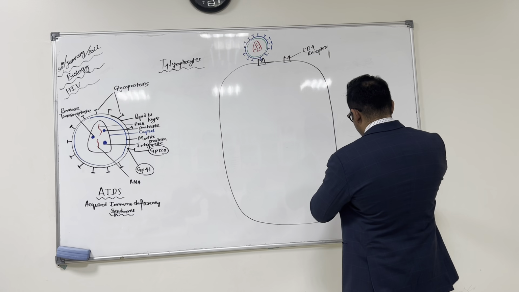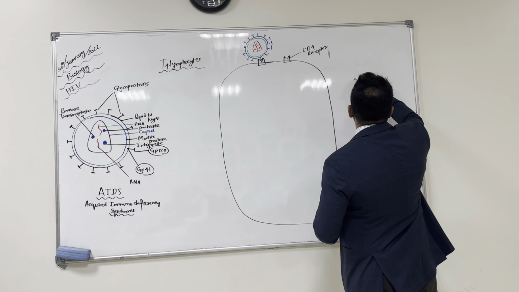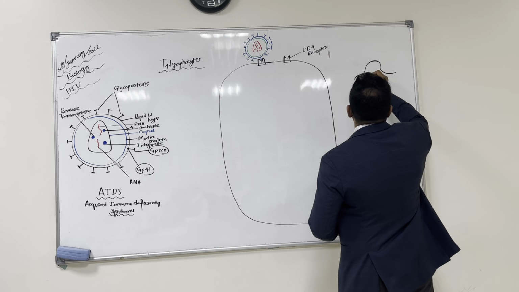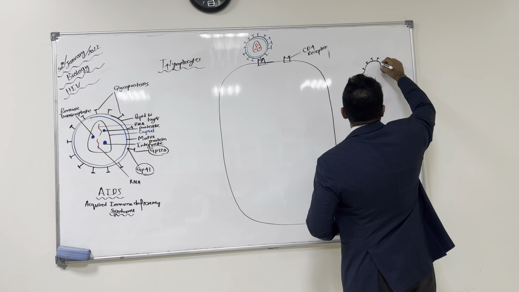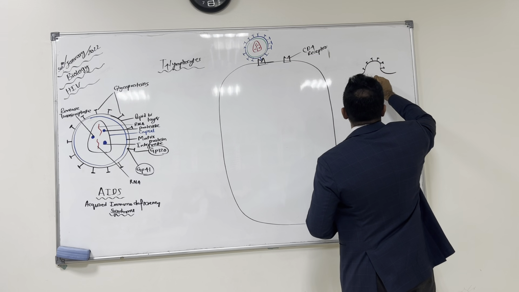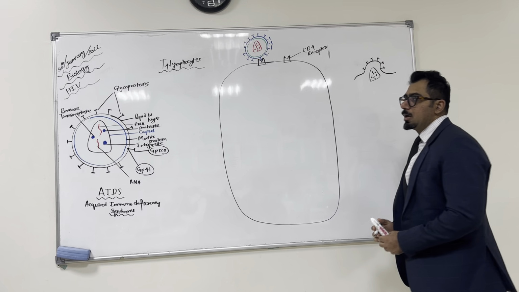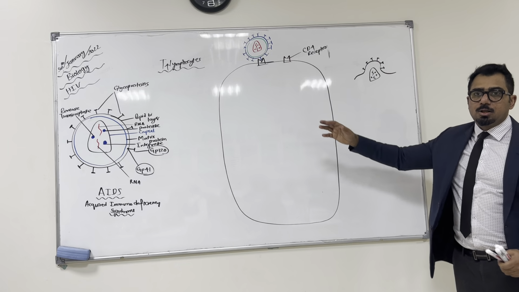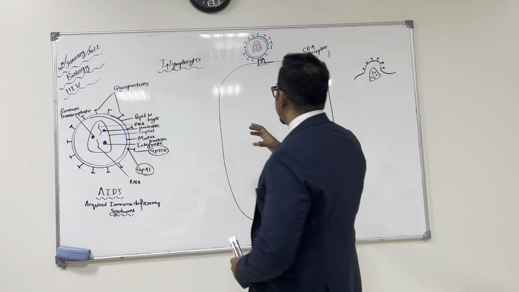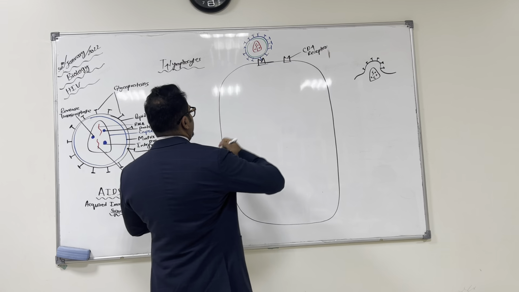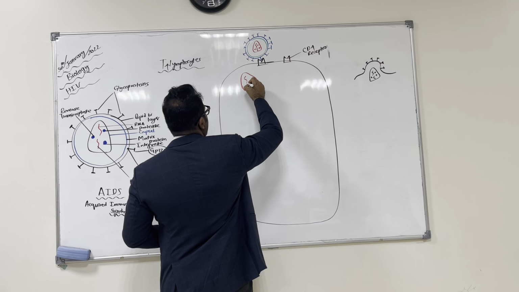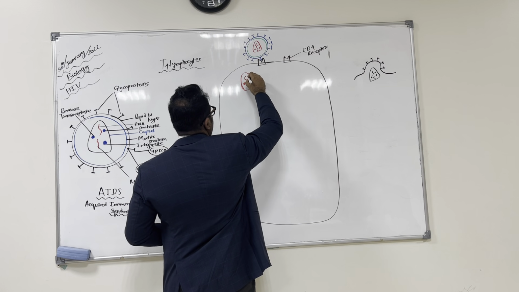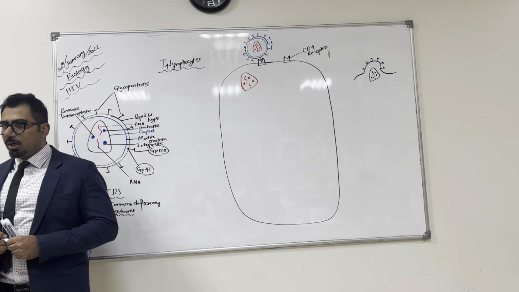When it binds, these are the glycoproteins, right? And the capsid and the internal part have entered into the cytoplasm. So when endocytosis takes place, the capsid will enter over here. Got it?